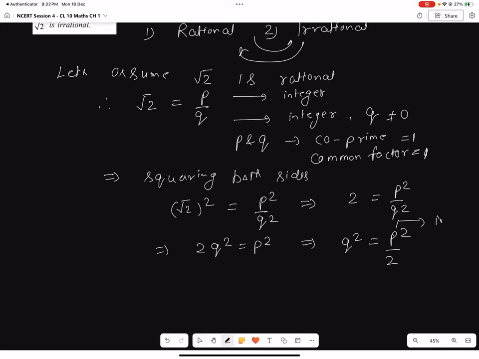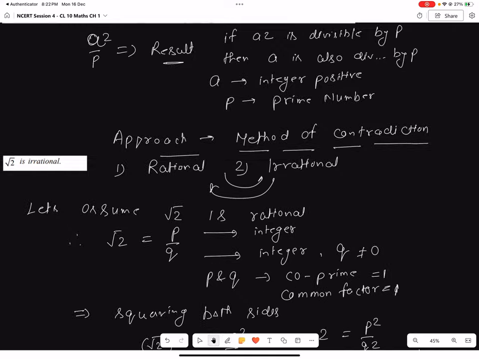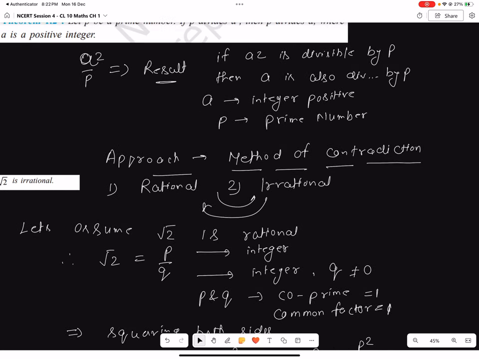And what we know, p is an integer and 2 is a prime. So as per the theorem that we have just learned, it says a being an integer, p being a prime, if a square is divisible by p, then a is also divisible by p.